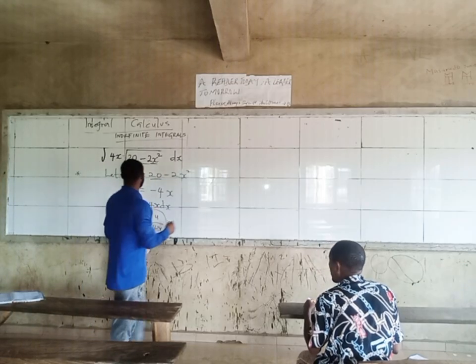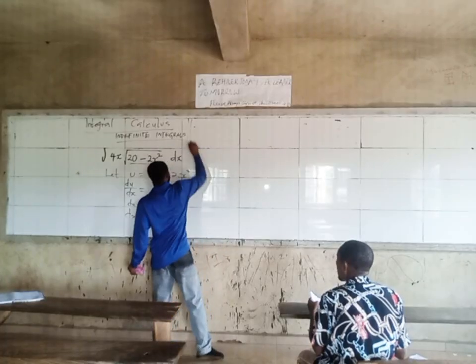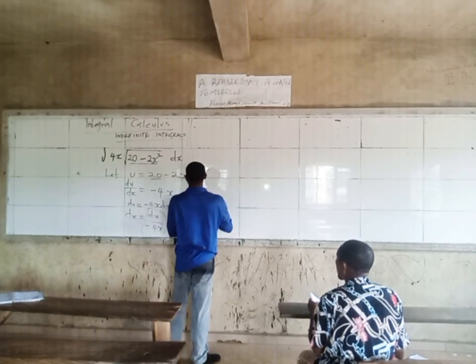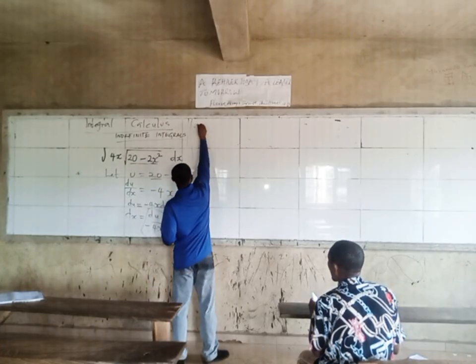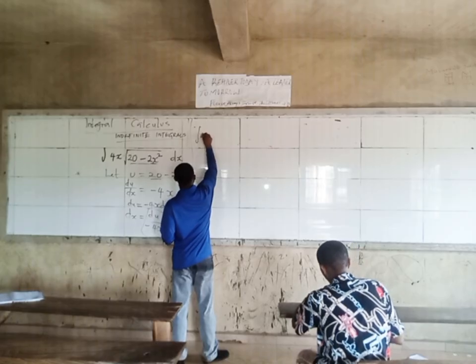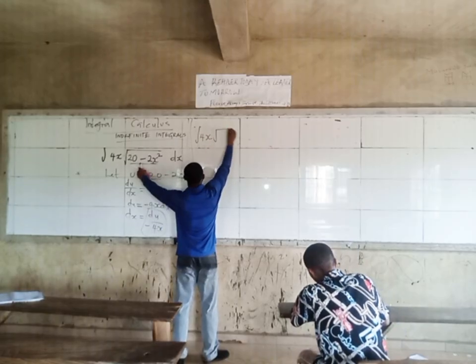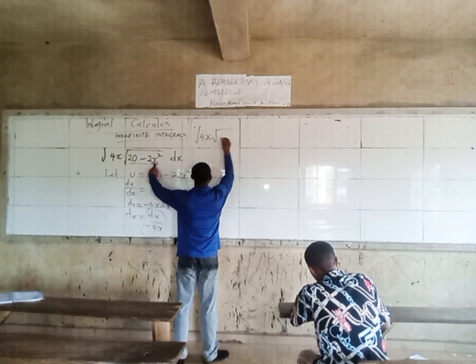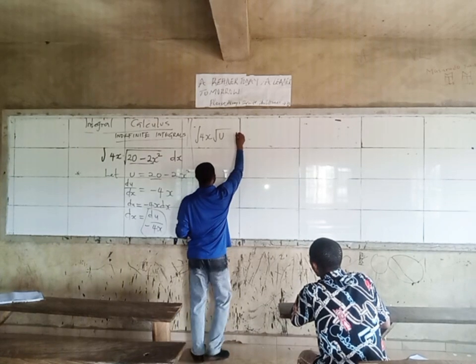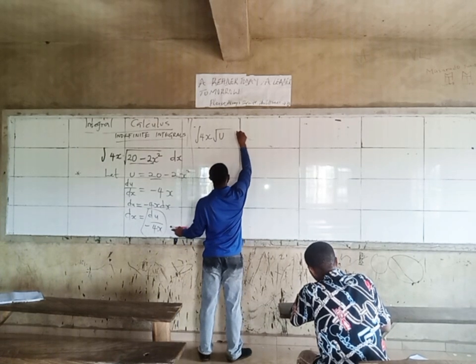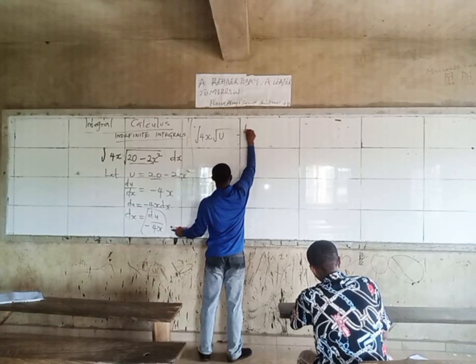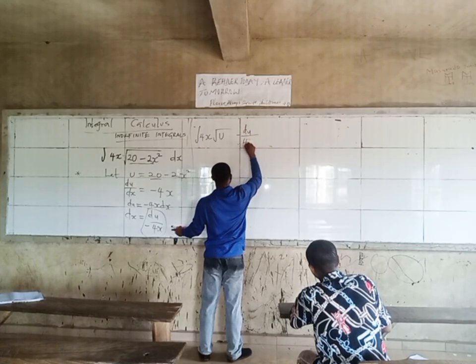So if I write this now, it becomes the integral of 4x root, everything here is u, we replace it with root u, then dx we replace with minus du over 4x.